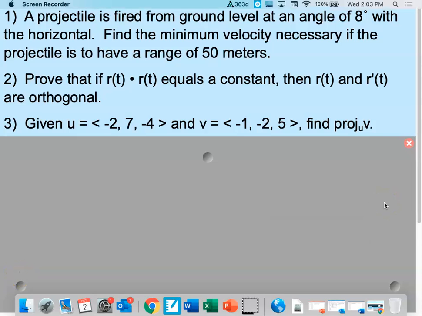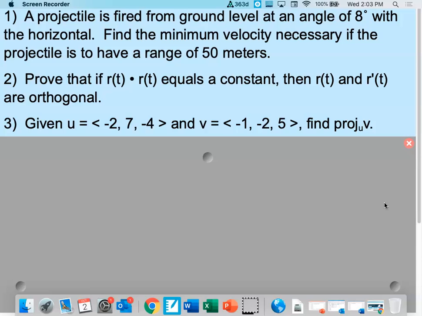So the first problem, projectile fired from ground level at an angle of 8 degrees with the horizontal, find the minimum velocity necessary if the projectile is to have a range of 50 meters. In the context of this problem, the range, the 50 meters, is your horizontal position you want to end at, and your vertical position would be 0 because you're just going to land on the ground. We know that theta is 8, our initial height is 0, and gravity is 9.8.